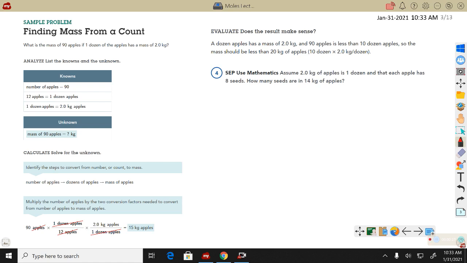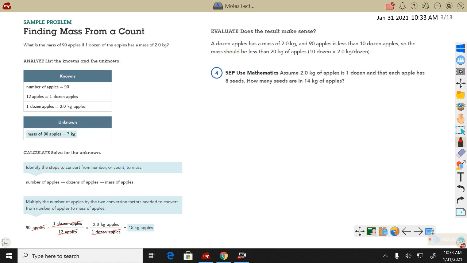So here's what we know. We have 90 apples. We know that a dozen is 12, and we know that a dozen has a mass of 2 kilograms. So we want to think, okay, how can we get from the 90 apples to a mass? I'm looking for the mass of those 90 apples.